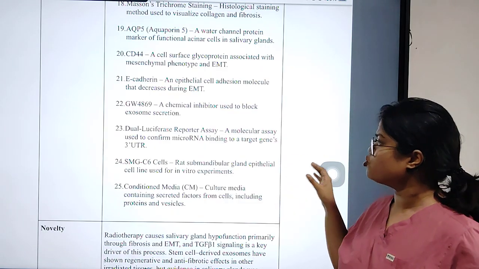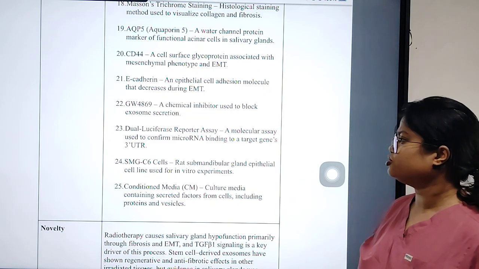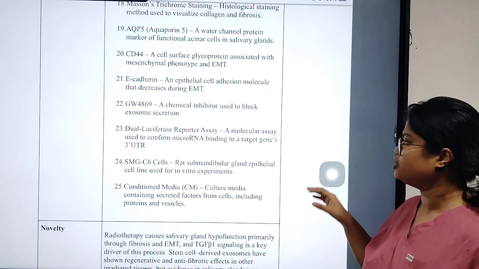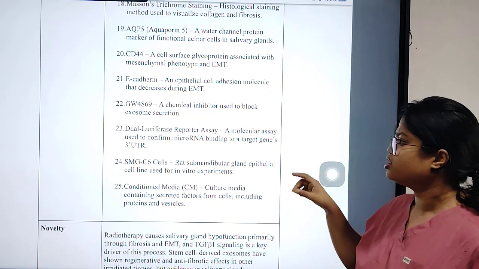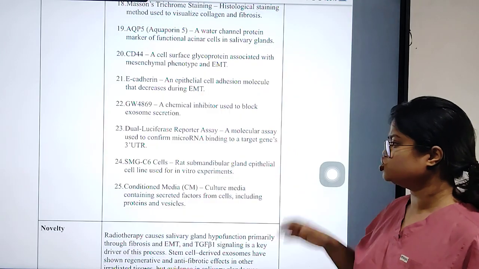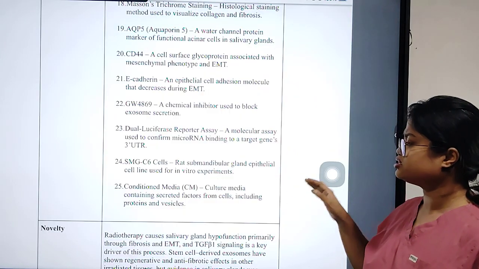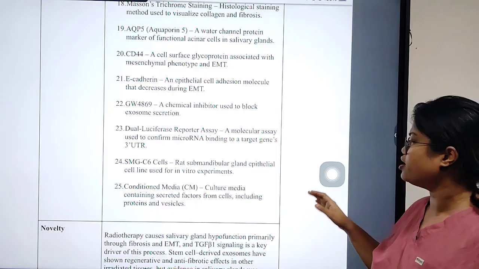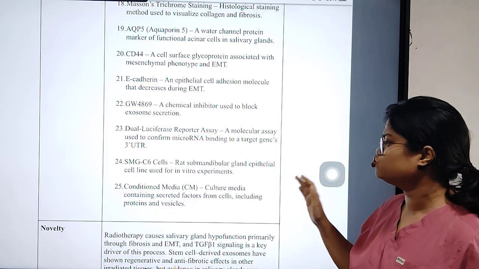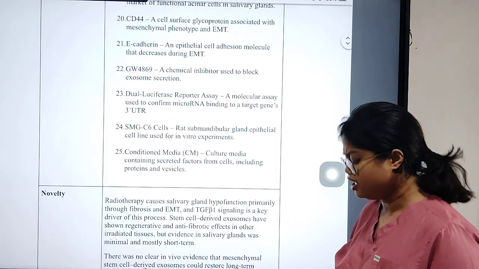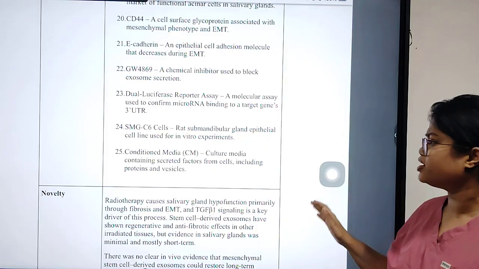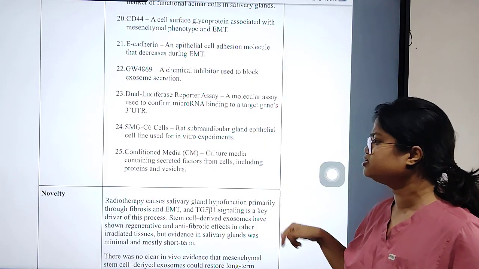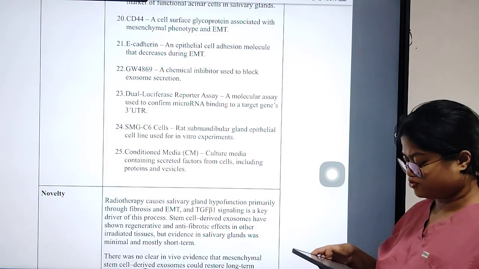Dual luciferase reporter assay: a molecular assay used to confirm microRNA binding to the 3' UTR of target genes. SMG-C6 cells: a rat submandibular gland epithelial cell line used for the in vitro experiments in the study. And conditioned media: culture media containing secreted factors from cells, including proteins and vesicles.